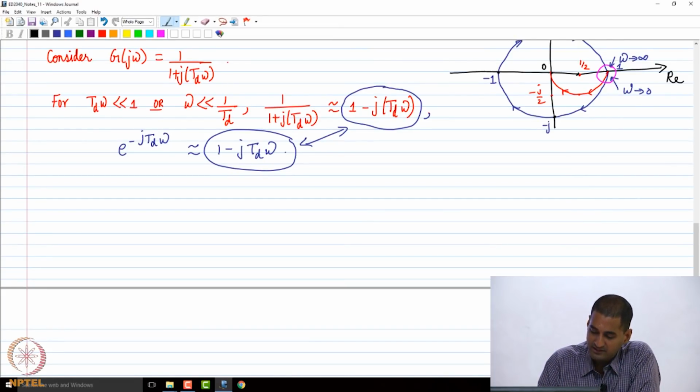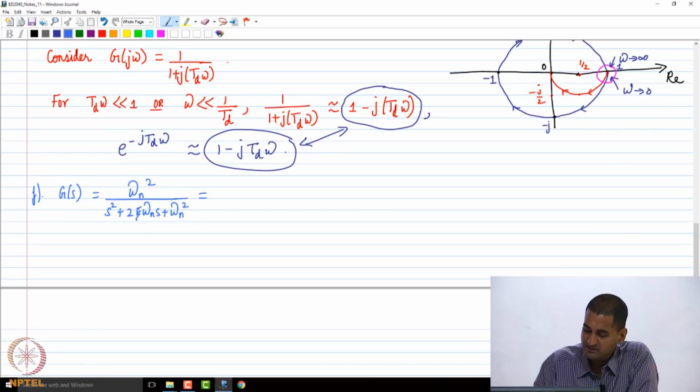So the detailed plot. Let's plot for G of s equal to omega n squared divided by s squared plus 2 zeta omega n s plus omega n squared.